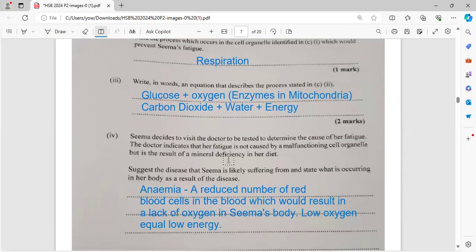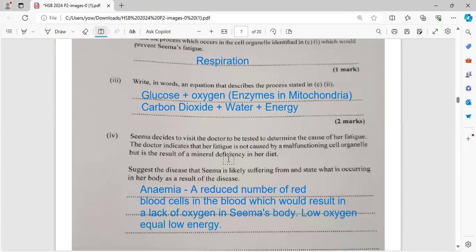And what mineral deficiency disease leads to tiredness, right? So it would be anemia, right? And the mineral deficiency would be iron, right? So lack of iron would result in anemia, right? And then they say to state what is occurring in her body as a result of the disease. So as a result of lacking iron, Seema would have anemia.